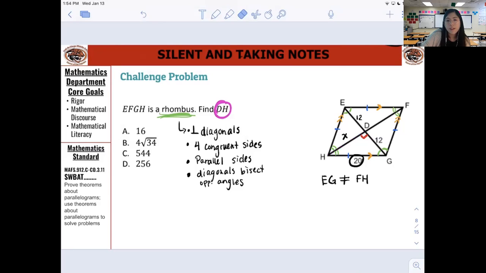Midpoint formula would work if we had some coordinate points. Because remember, the midpoint formula is x2 minus x1 over 2, comma, y2 minus y1 over 2. So if I had coordinates, then sure, we could definitely use the midpoint formula. Lopez, isn't it x1 plus x2 over 2? Yes, you're right. It's addition. Sorry. So we don't have coordinate points. We can't use the midpoint formula.